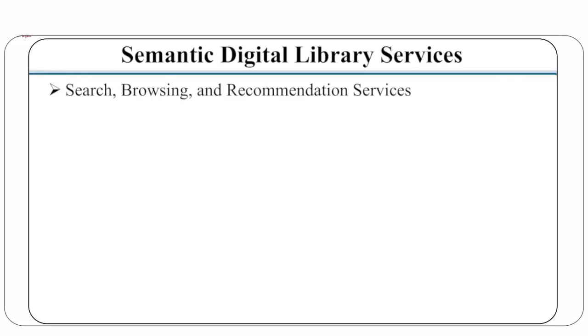The major objective of a semantic digital library is to provide information discovery that is superior to the services available in current digital libraries. It should facilitate the users to find out interconnected information about resources available in the digital library while browsing, filtering, or finding similar information objects.